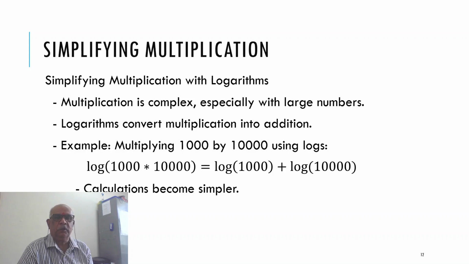Multiplication is complex, especially with large numbers, and it becomes very tough. What the logarithm does is convert the multiplication into addition. For example, let's say I want to multiply 1,000 by 10,000.